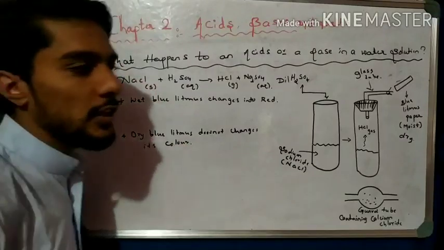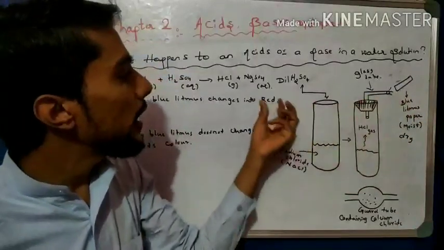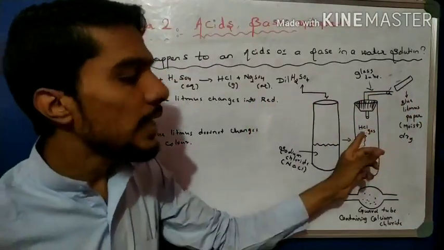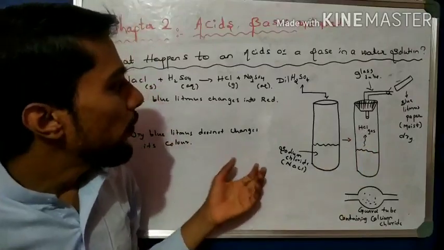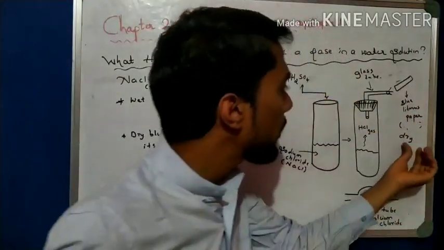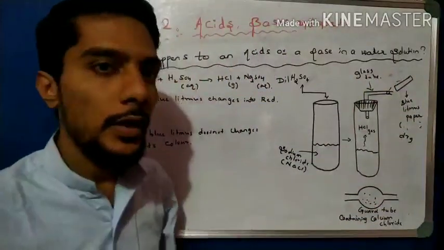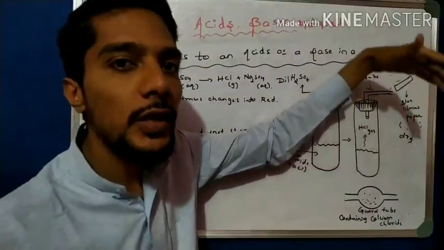That is a different change. When I use wet litmus paper, blue changes to red, which indicates that the gas is acidic in nature. If I take dry litmus paper instead of moist litmus paper, there is no change in the blue color. It is still blue, with no change into red.